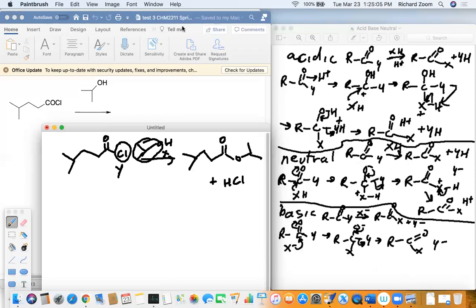So for this one, people understand this a bit better. For the 3 people who halfway understand, does anybody want to be brave enough to ask me a question? It's not really a question. I know what I did wrong. Instead of replacing the chloride, I drew it out wrong.